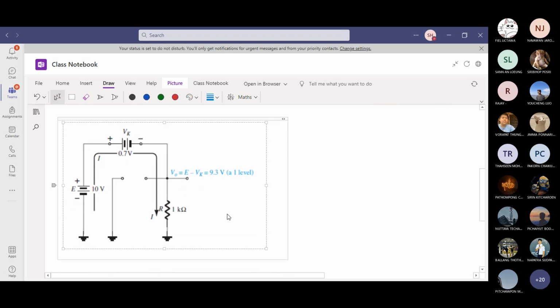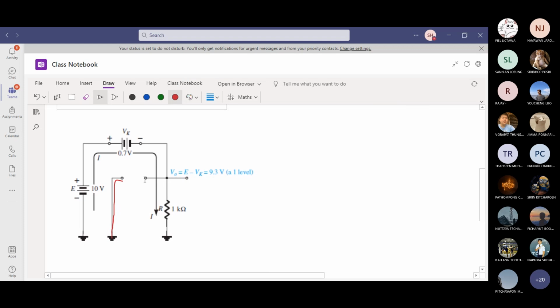Okay, so the second diode, the one that was off, it is like this. The second diode is right here. 0, and then connecting to the right hand side, open switch, nothing flows.